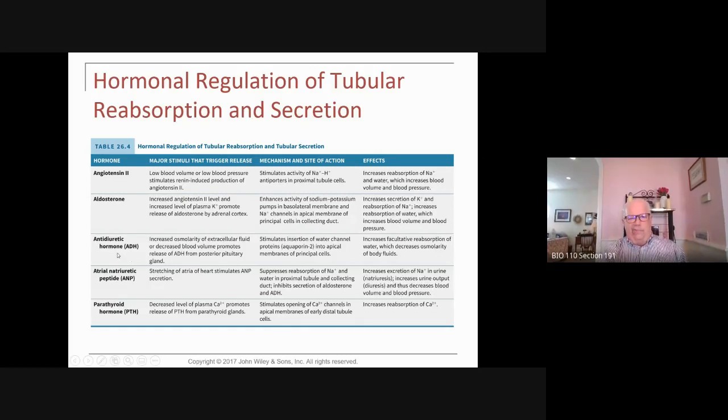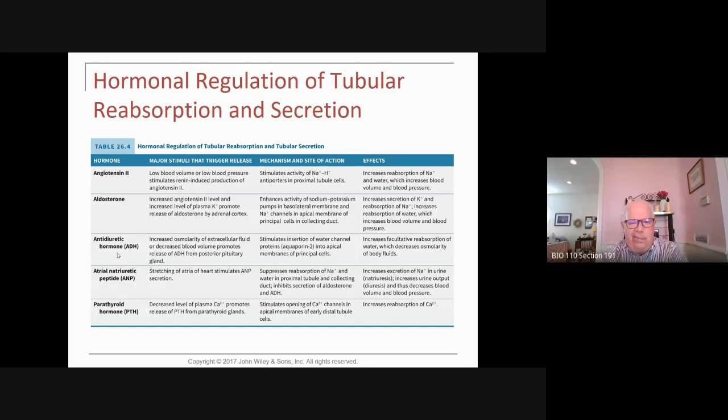But now you have 2 more. You have ADH, anti-diuretic hormone. The word diuresis means to urinate. The word anti means against. ADH, antidiuretic hormone, against urination.